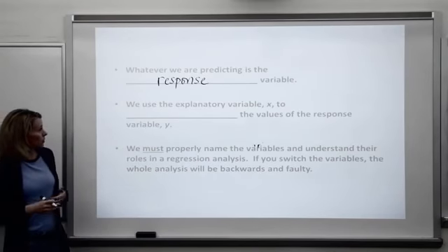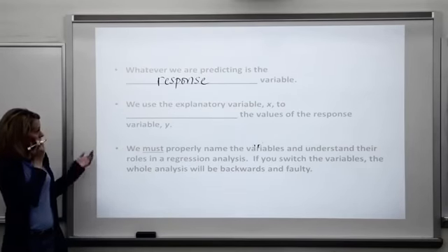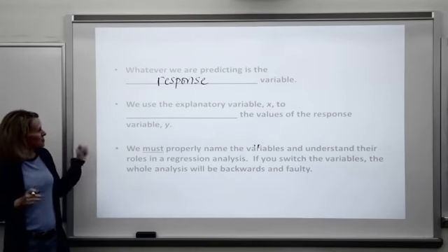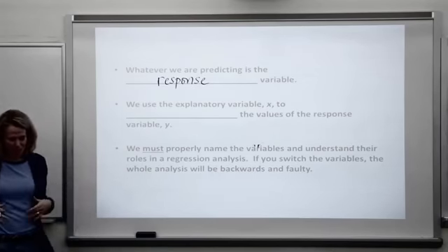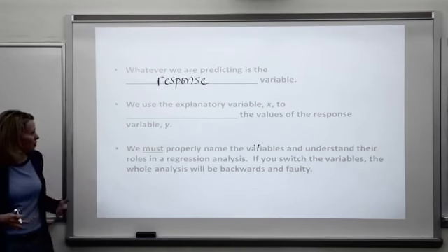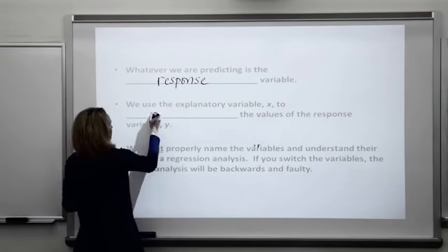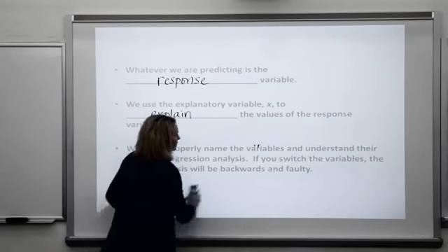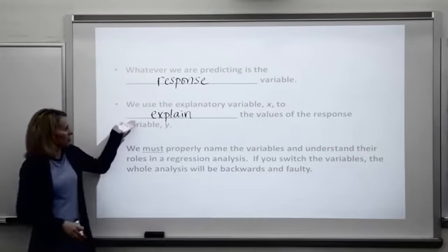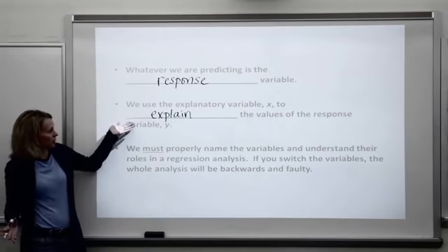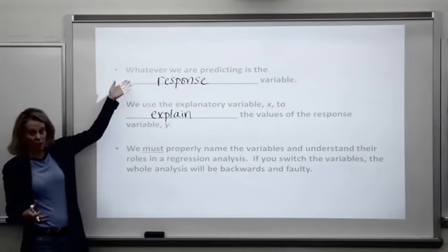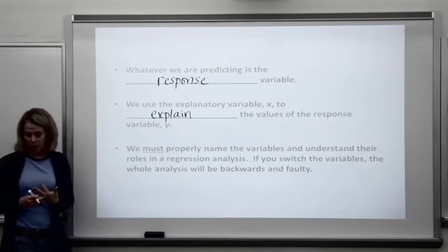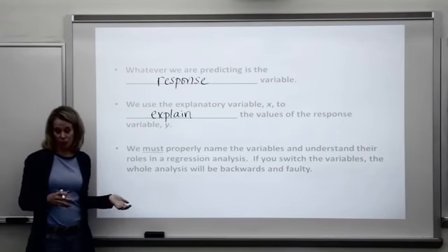We use the explanatory variable X to explain the variable of the response variable. And again, in the last example, we were trying to use, let's say, Amazon prices to help explain the bookstore prices. You must properly name the variables and understand their roles in regression analysis.